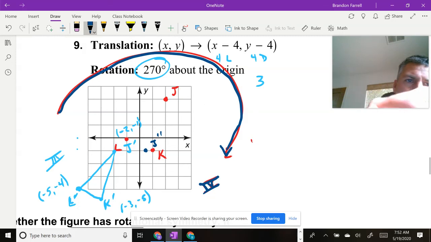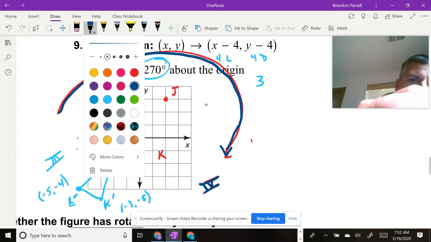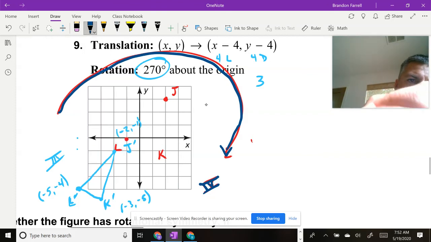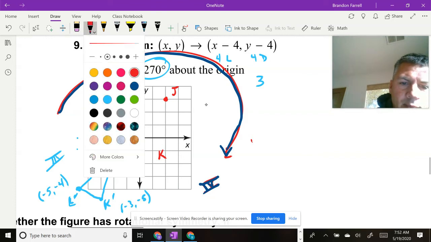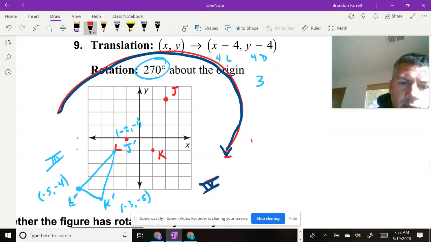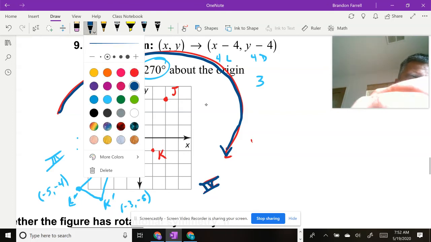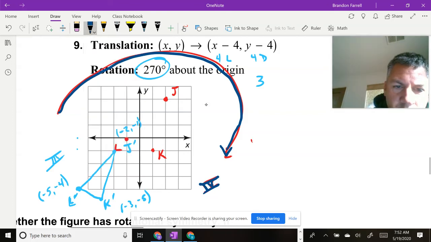Oh, no. It's not 2. That's not right. It's a half. So that's going to be +1, 2. Sorry about that. +1, 2. This is where J double prime is.